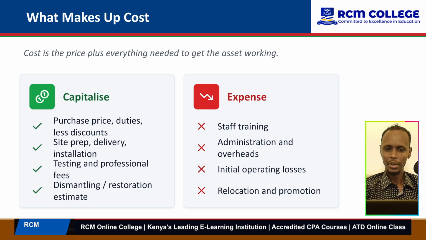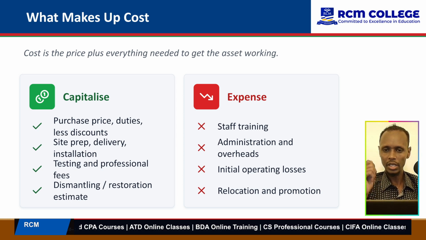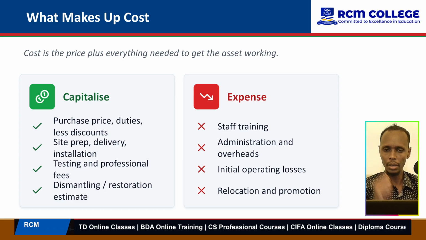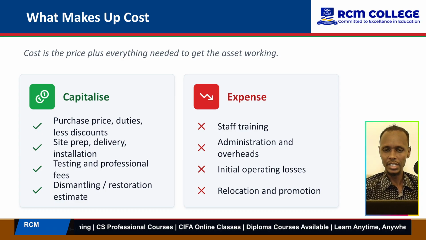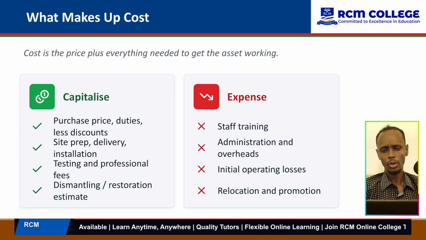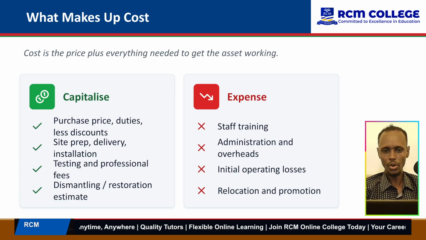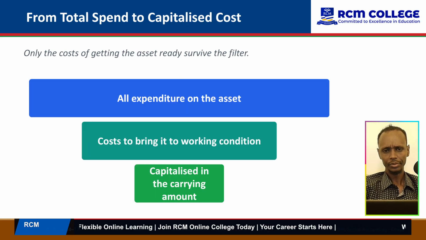But then imagine, even if the staff you train operate that item, IPSAS tells us don't put staff training as a cost to capitalize. Staff training, the administration and overheads, you don't capitalize. Initial operating losses, relocation and promotion. For example, a politician goes to a place to open that. All those are not part of capitalization of that asset.